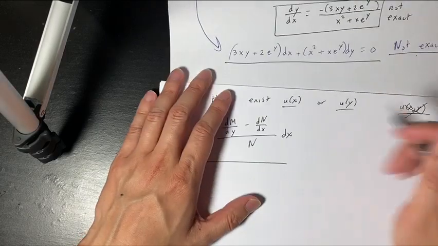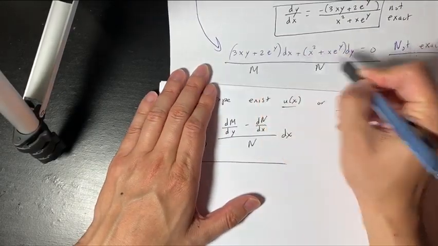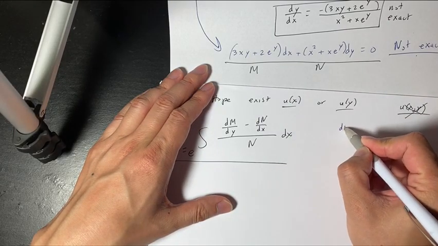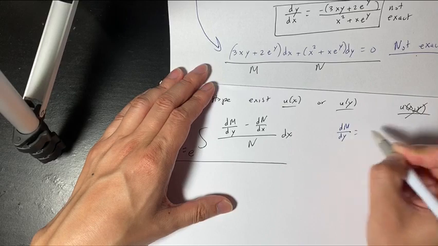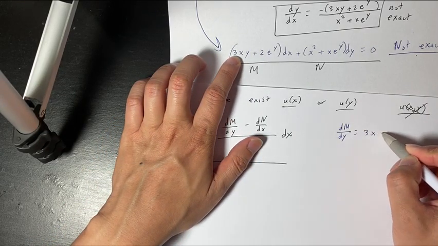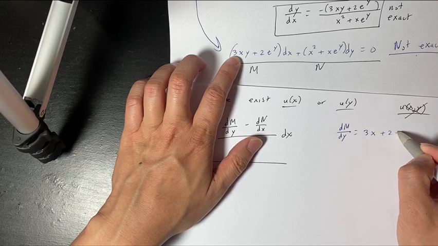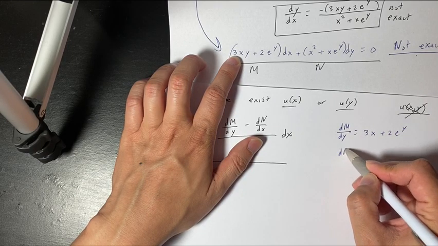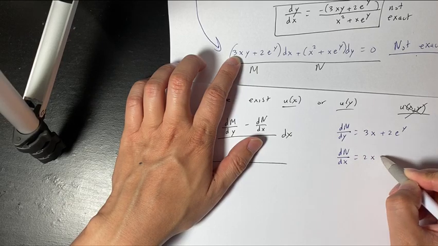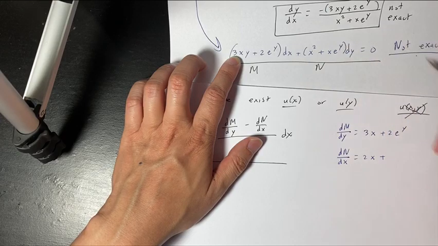Okay, so here's my m, here's my n. What is my dm dy? Well, it's going to be 3x plus 2e to the y. What is my dn dx? It's going to be 2x plus, and if I differentiate this with respect to x, you just get e to the y.